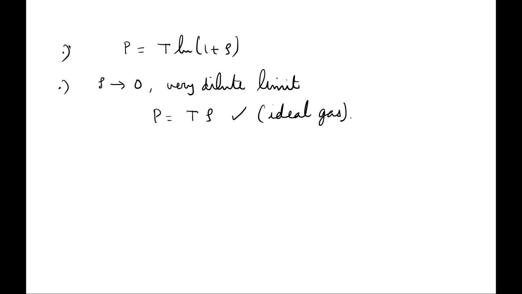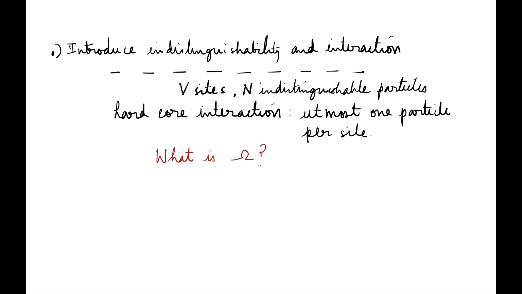So if you understood that problem, now let us make it a bit more complicated. Introduce indistinguishability and interaction. Previously it was non-interacting, distinguishable, then we introduced non-interacting, indistinguishable. Now let us make it indistinguishable and interacting.